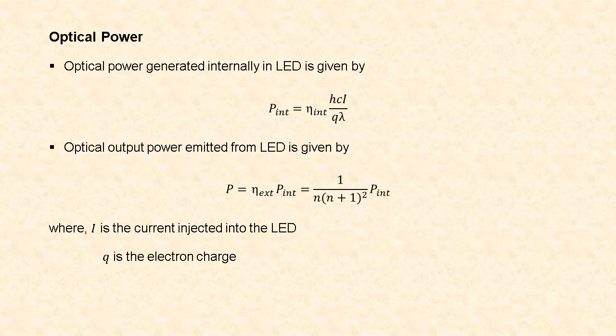Optical output power emitted from the LED is given by P is equal to external quantum efficiency into internal power, that is optical power generated internally, and it is equal to 1 by n into (n plus 1) the whole squared into P int, that is the internal power.